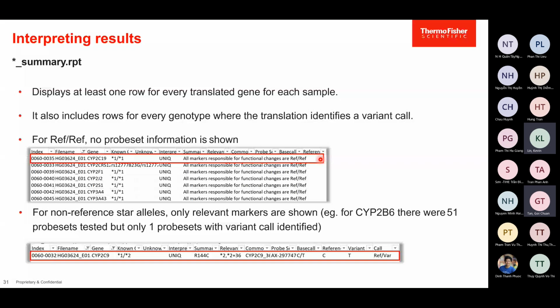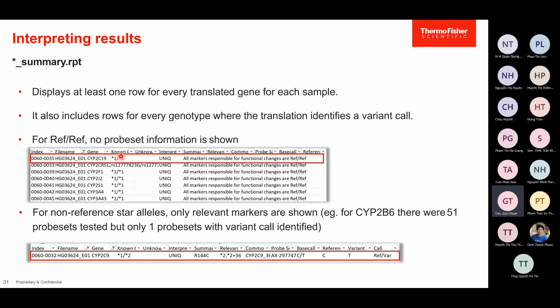When all the markers responsible for defining CYP2C19 function are reference, this is the observation you will see: *1, normal metabolizer. However, in this example, you can see that one of the markers, for CYP2C9, has a variance. Then they will just show it here in the summary report.